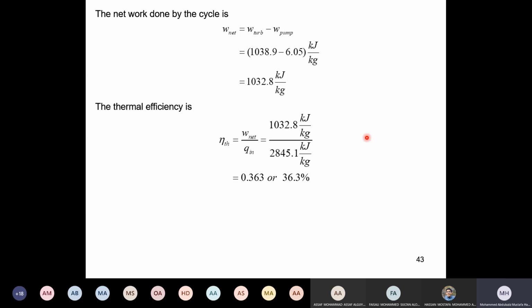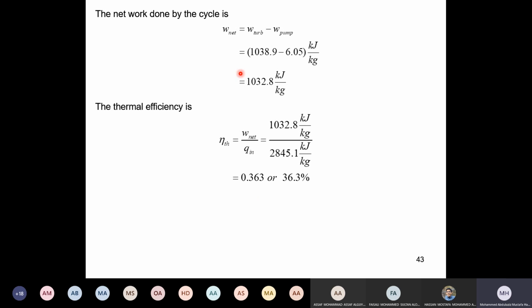Make sure that you get the correct data. Of course, the procedure in thermodynamics will always be like that. So we'll get enthalpies, which is the first step. Then we calculate W net, W turbine, W pump, and so on, QH, and then we calculate. So the procedure is systematic.